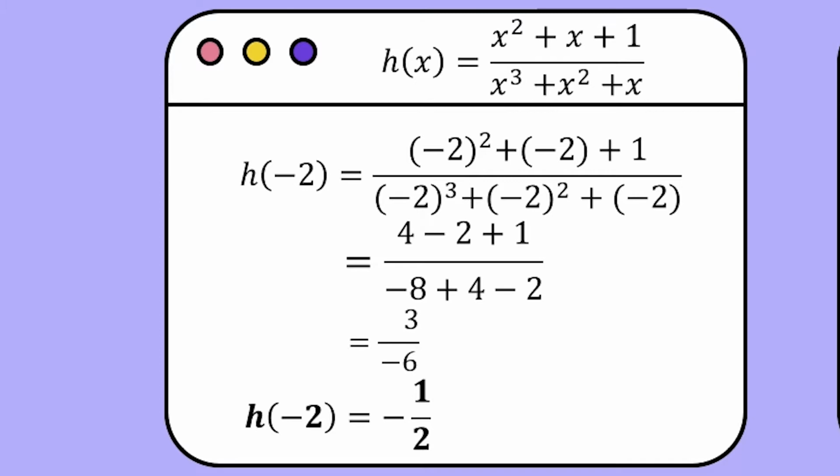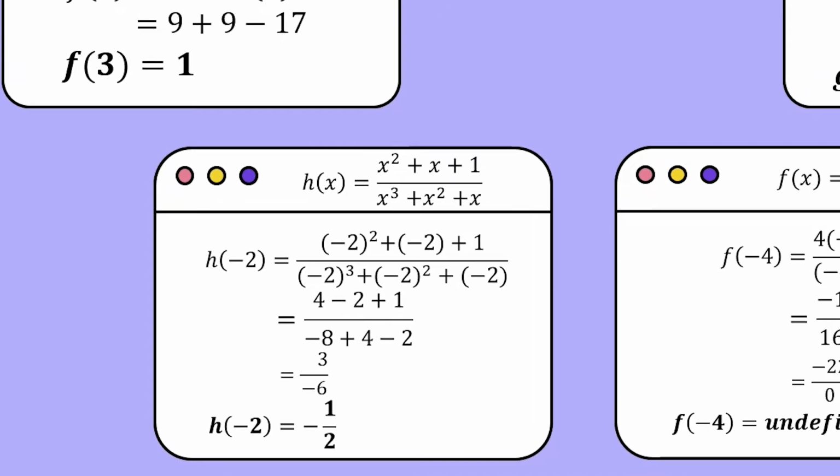H of negative 2 is equal to 4 minus 2 plus 1 all over negative 8 plus 4 minus 2. H of negative 2 is equal to 3 all over negative 6. H of negative 2 is equal to negative 1/2.